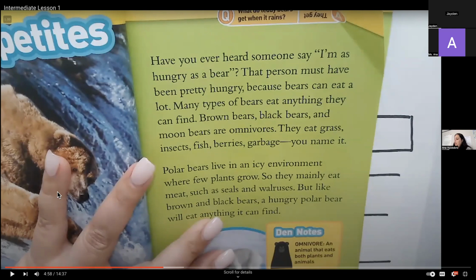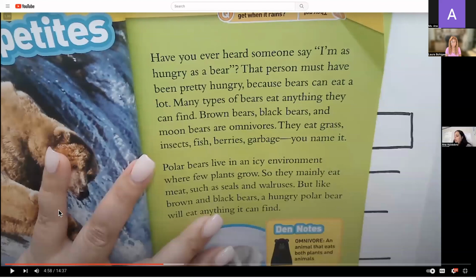But like brown and black bears, a hungry polar bear will eat anything it can find. Excellent. And the word was walruses. Very good, Mikey and Jaden. I appreciate you. At the bottom, it says omnivore, an animal that eats both plants and animals.